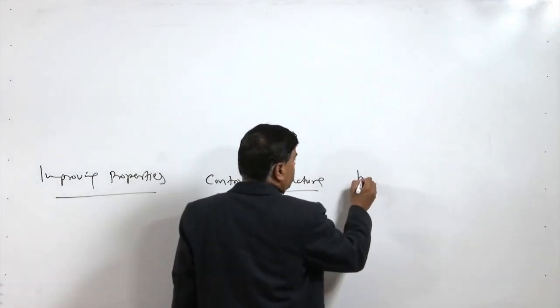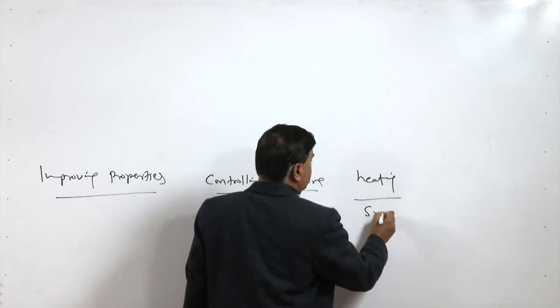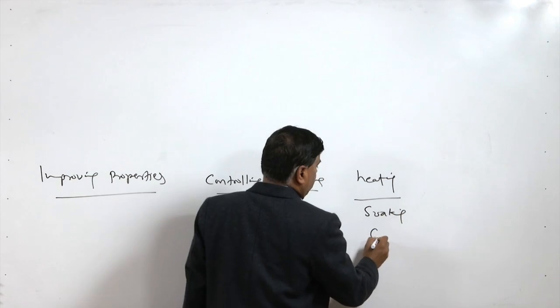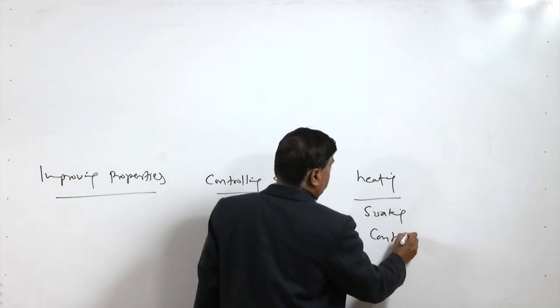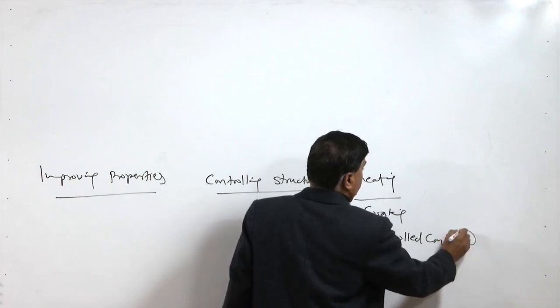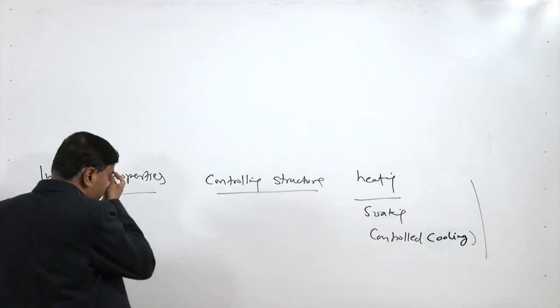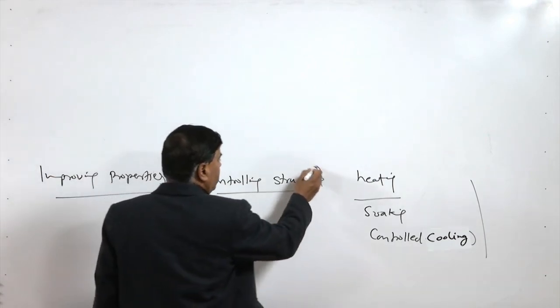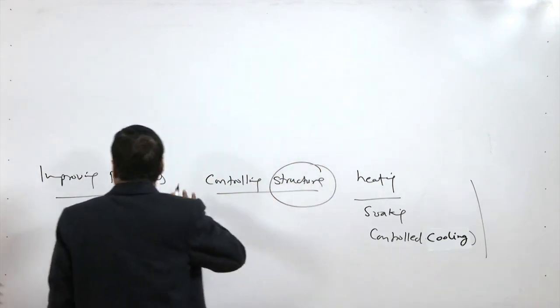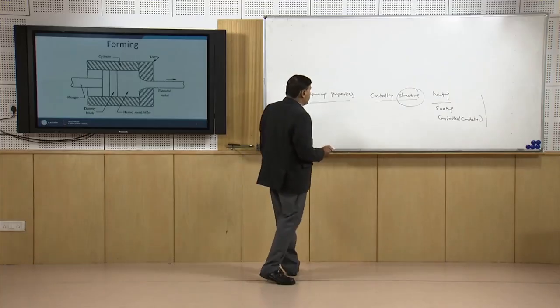For this purpose, we follow heating, soaking, and then very controlled cooling. This is what is done in case of heat treatment. Basically we try to control the microstructure of the material, so that the properties are imparted as per the requirement.